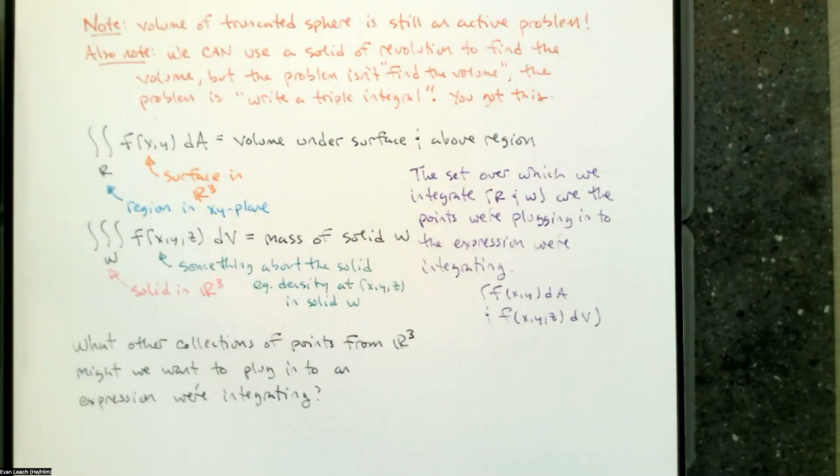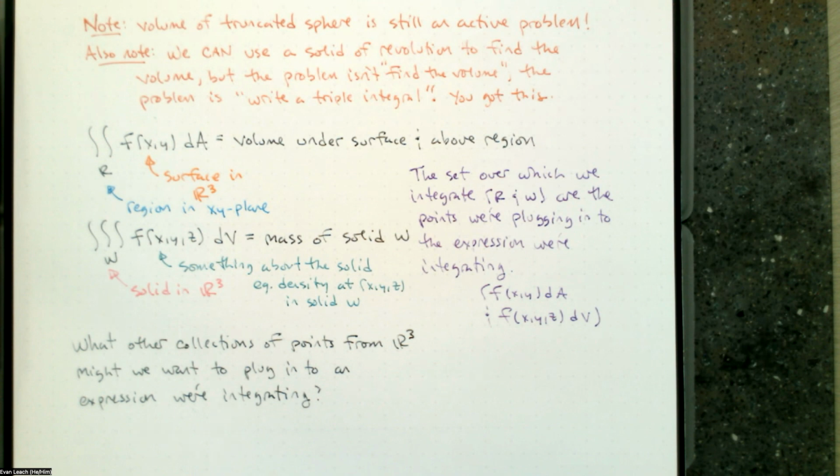So the volume of the truncated sphere is still an active problem before we go on to this new set of points that we can plug into things that we're going to integrate. The volume of the truncated sphere that we had from yesterday, that problem didn't go away. I want to remind you that it is still an active problem. It's still a question that I'm not answering. I do want to remind you that you can find the volume of that solid using single variable calculus. Think in terms of solid of revolution.